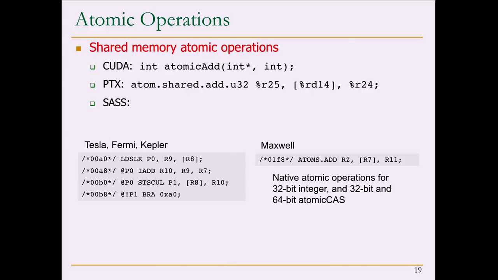I'm just going to talk about how they are implemented in NVIDIA GPUs and what can we do to optimize their usage in one use case that I'm going to explain. So atomic operations, and in particular, we are going to focus on atomic operations on the shared memory, because also atomic operations on the global memory are possible. But for now, we are only going to talk about the shared memory.